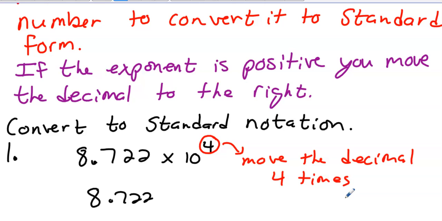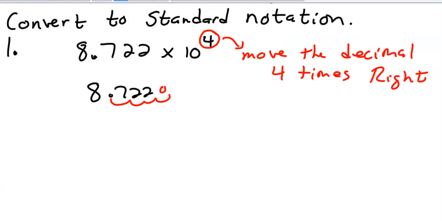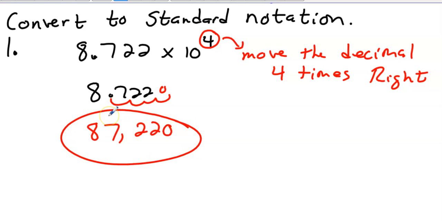If it's positive, you're going to move to the right side. So you take the number you've got here and move it 1, 2, 3, 4 places. And if you move it beyond the numbers, you just go back and add in a 0. Okay, so for this one, the final answer would then be 87,220.